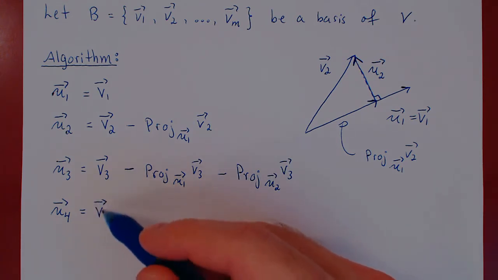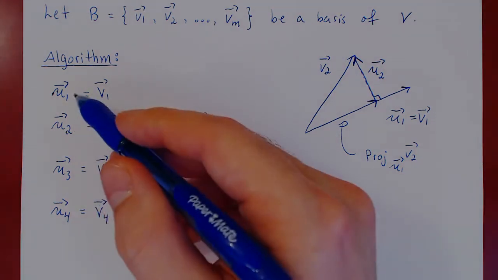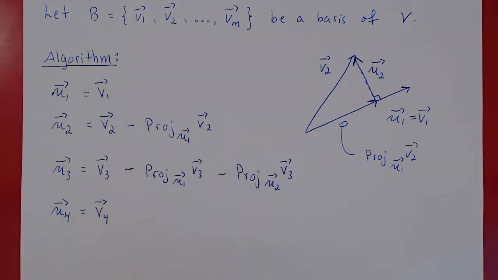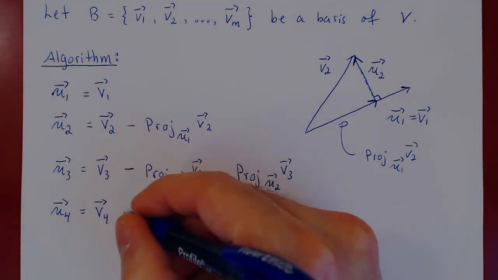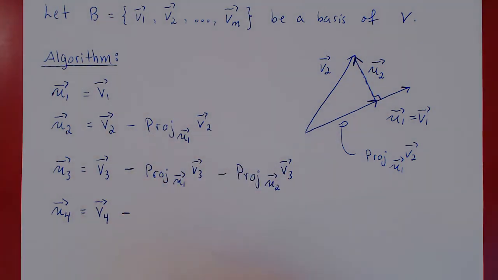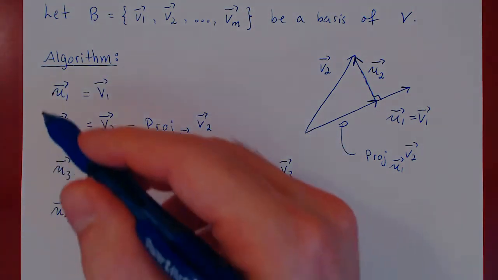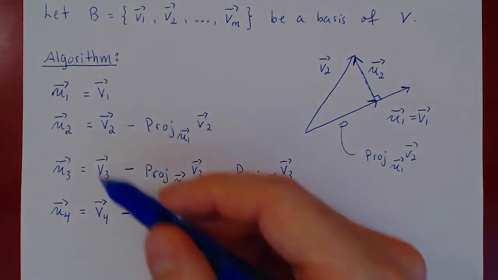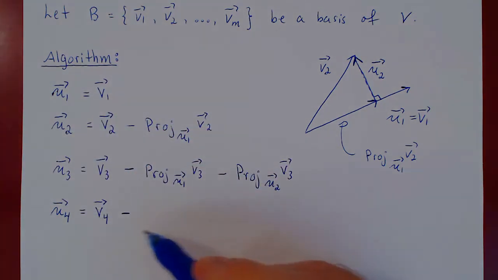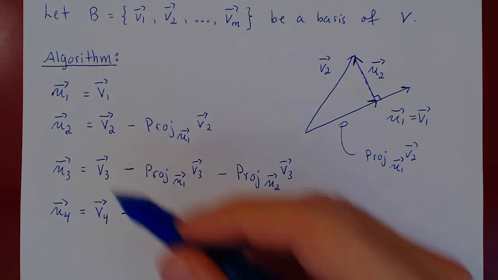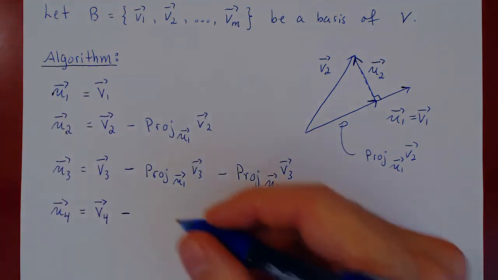So whatever components of v4 are along u1, u2, and u3, you don't need those components, so you remove them. By removing them, you lose nothing because you already have those 3 vectors. And if you remove the components of v4 along u1, u2, and u3, you will be left with a vector orthogonal to all 3 vectors.